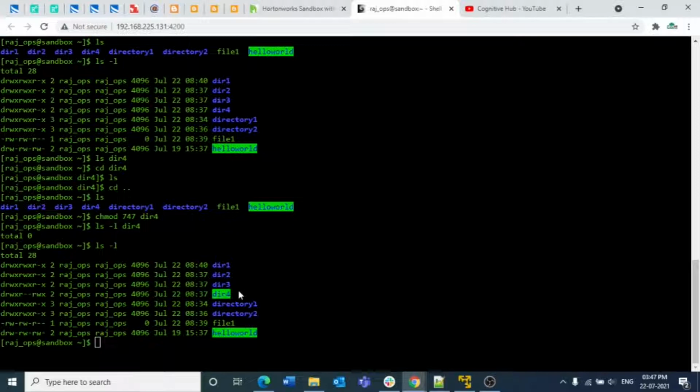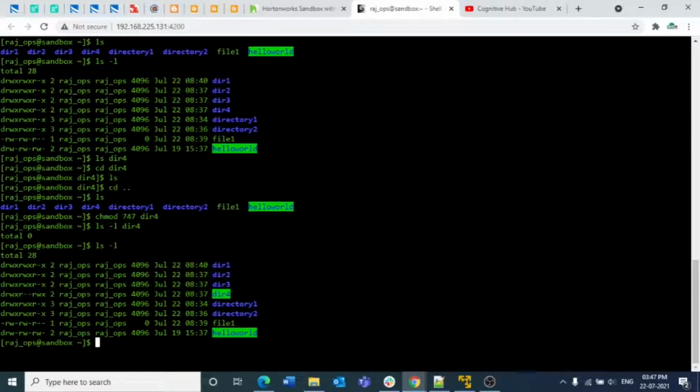But now if you consider this directory, we have user with all the permissions because we have given 7, and for group we have only given the read permission but not the write and execute permission. But if you see the next, owner permissions, we have given all the read, write, execute permissions. So this is how you need to change.